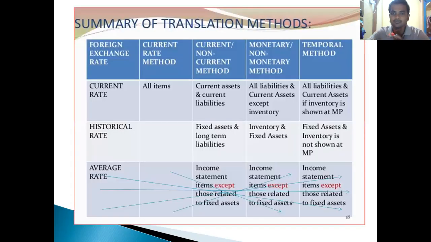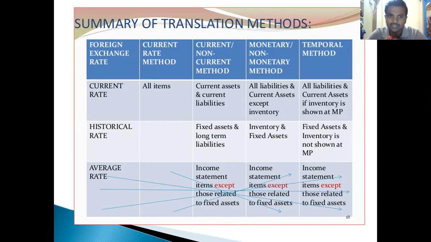For conversion, there are some procedures for these four methods. Here, the table consists of five columns. The first column indicates the foreign exchange rate, whether we need to convert at the current rate or at the historical rate.